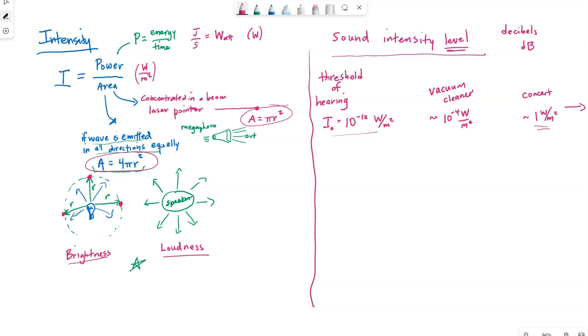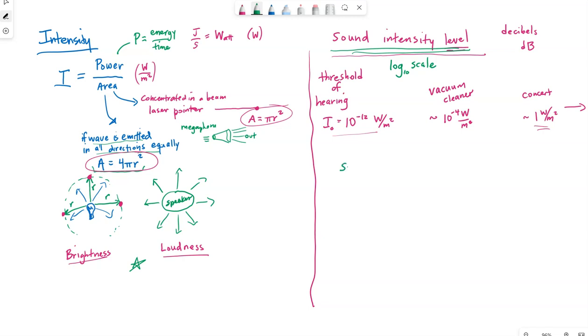And so to decrease this scale, the sound intensity level is a logarithmic scale, log base 10 specifically. We're taking this huge range of intensity levels and putting them on this logarithmic scale, which then makes it a much smaller range.